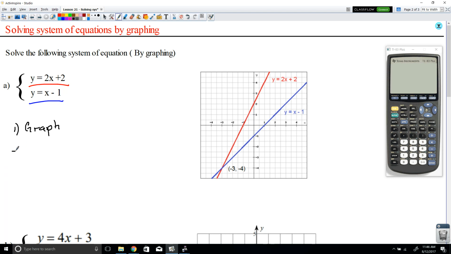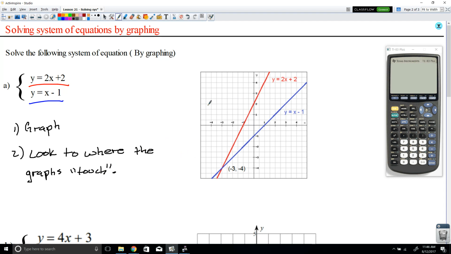Now, the second thing we want to do is look at where the graphs quote unquote touch, which is an intercept.